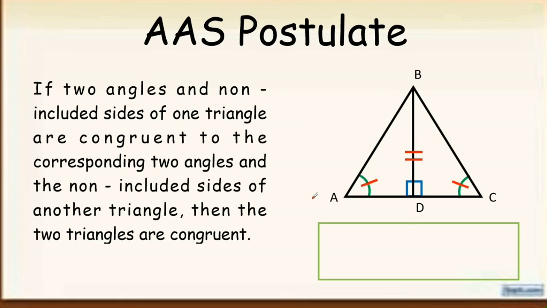So, kung meron lang po tayong dalawang angle from triangle BDA that are congruent to two angles of triangle BDC and one leg from triangle BDA that is congruent to one leg of triangle BDC.